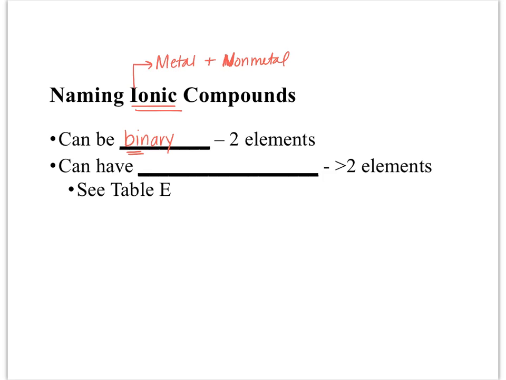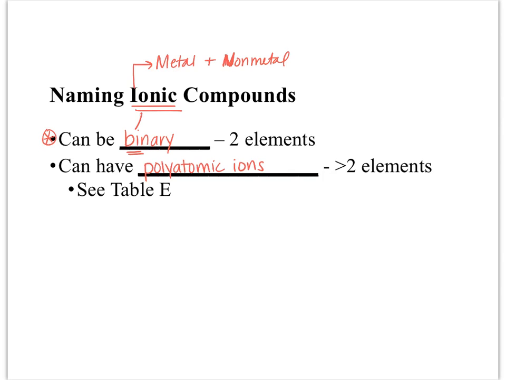Or they could also have something called polyatomic ions, which are certain types of formulas that you would get from using a different reference table, and we'll get into that in class. So today we're just going to be looking at how to deal with binary ionic compounds.